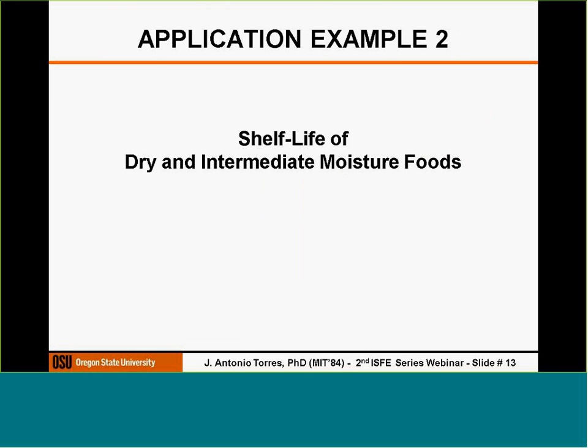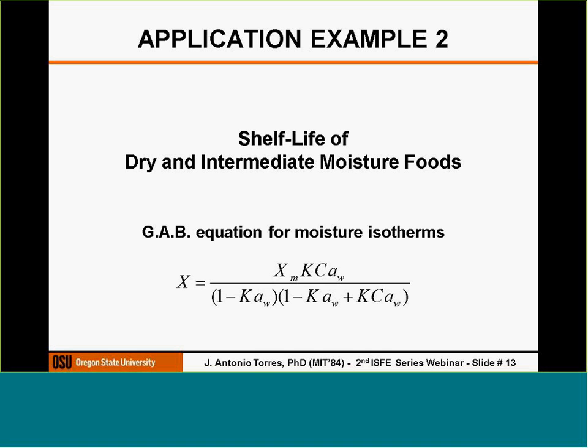Now let's look at the shelf life of dry and medium moisture foods, and I will need an estimate of the moisture content. I'm going to use the well-known GAB equation for estimation of the moisture content, which depends on the water activity of the product, and model parameters M, K, and C, which I must obtain experimentally.